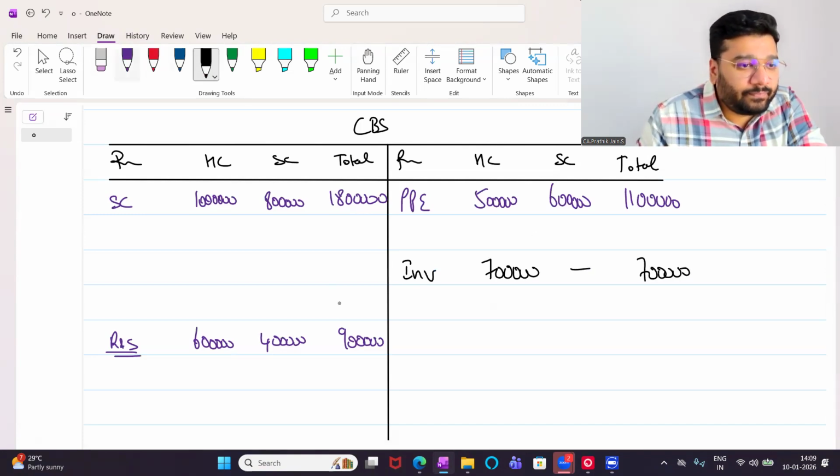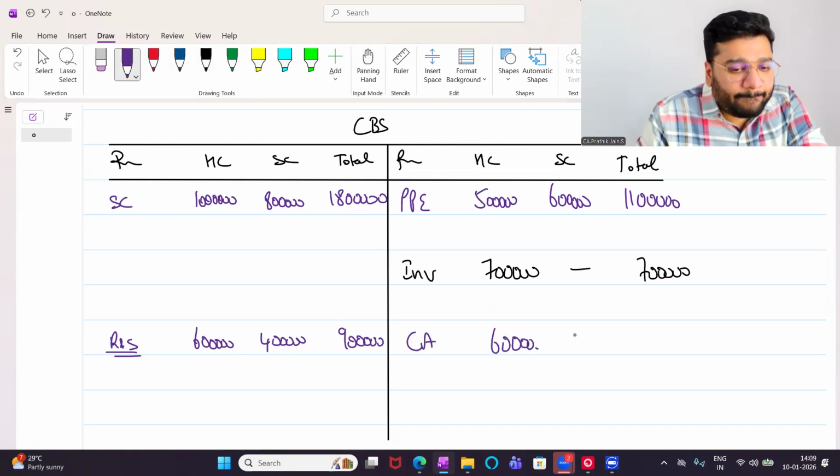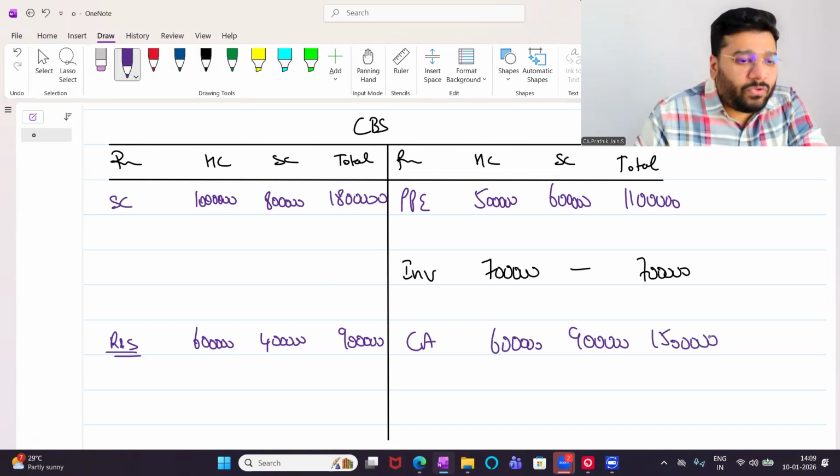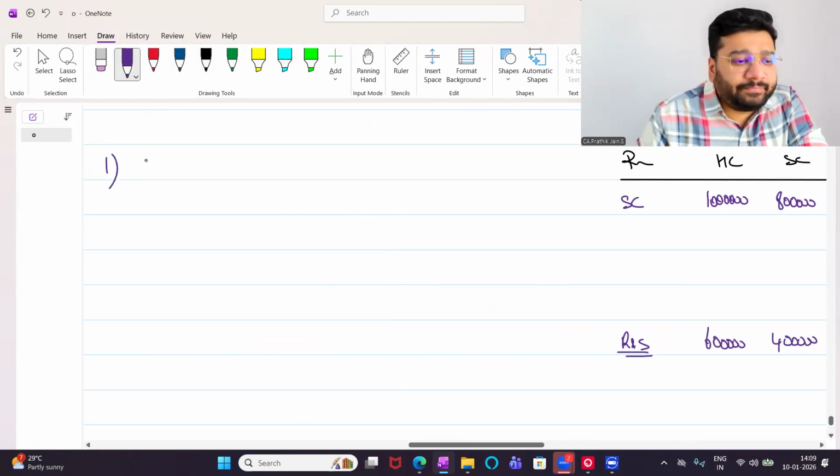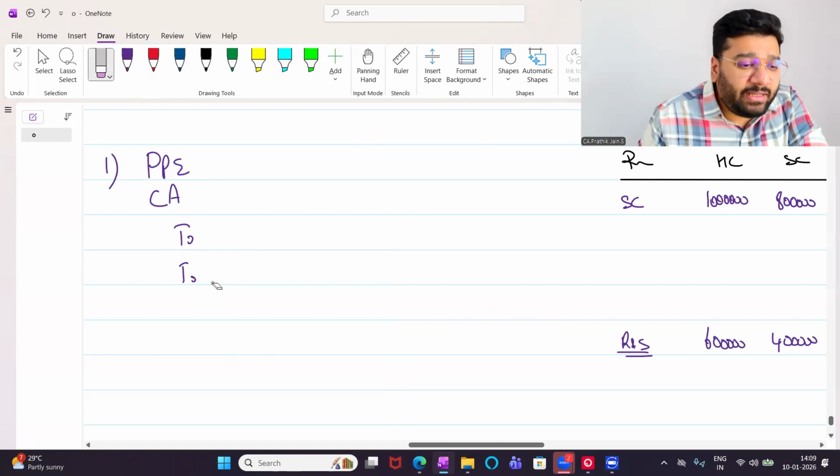Current asset 6 plus 9, 50. Okay, now tell me the journal entry to bring all the assets and liabilities inside. PPE account debit, current asset account debit, to share capital, to current liability, 2 and 3.